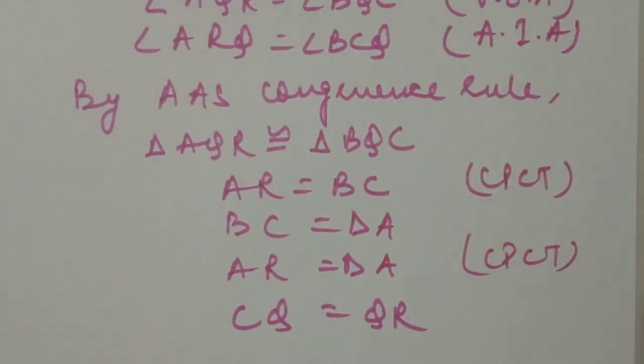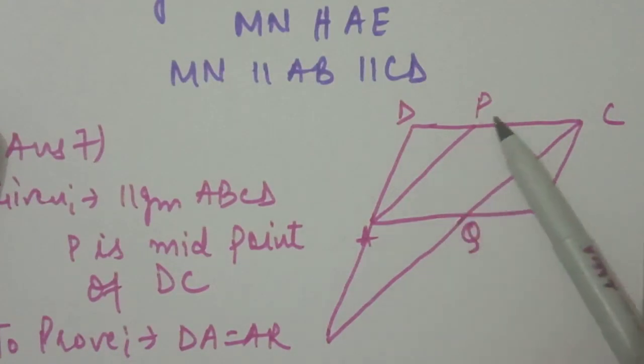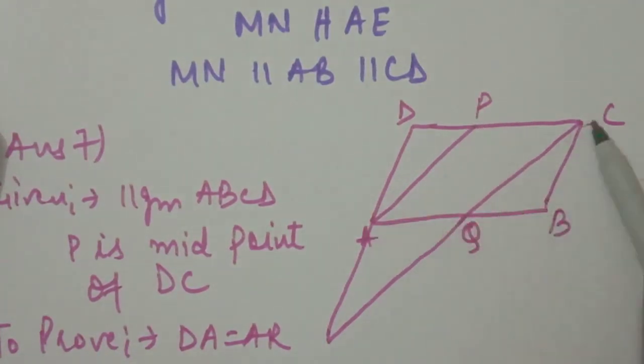We already proved it, but we can prove this question by another method also. The alternative method is that we already proved that PAQC is a parallelogram. So definitely these two sides are parallel to each other, because they are the opposite pair of a parallelogram.